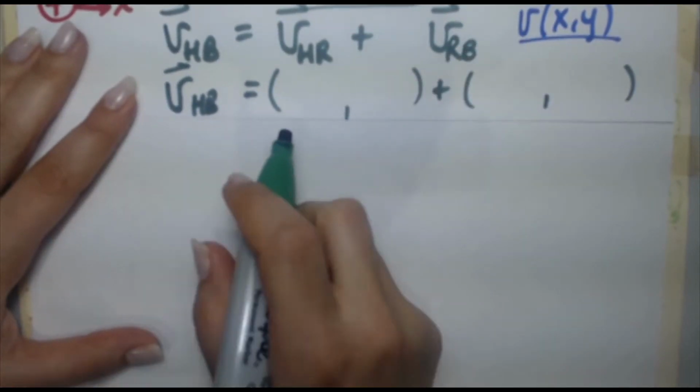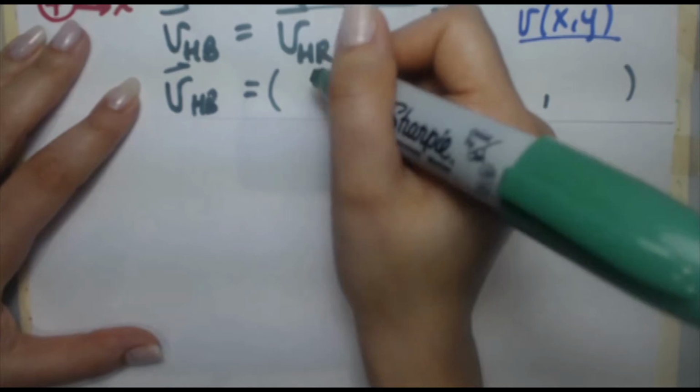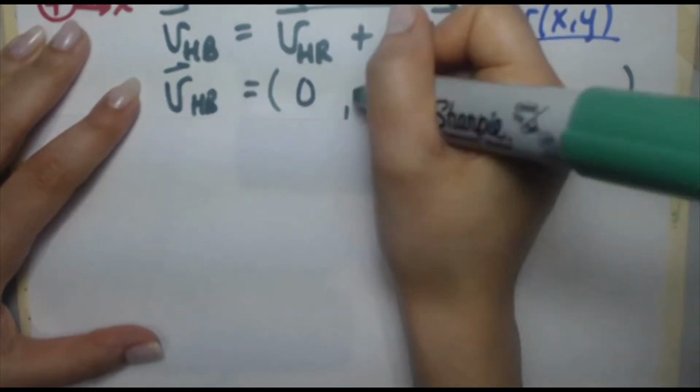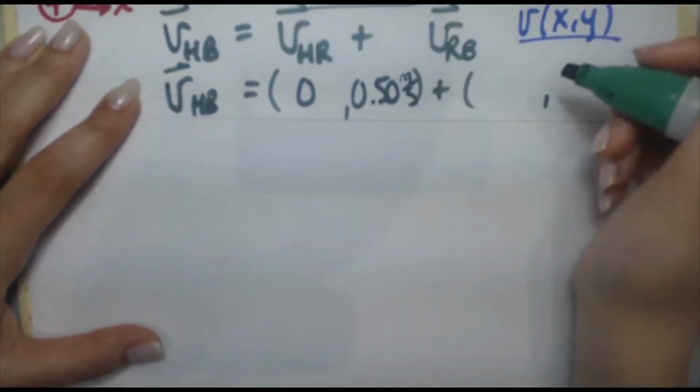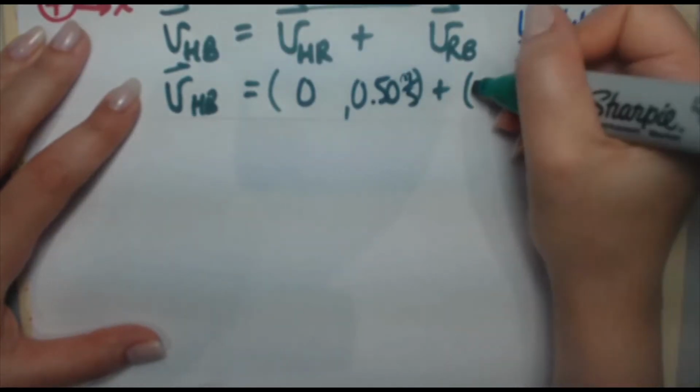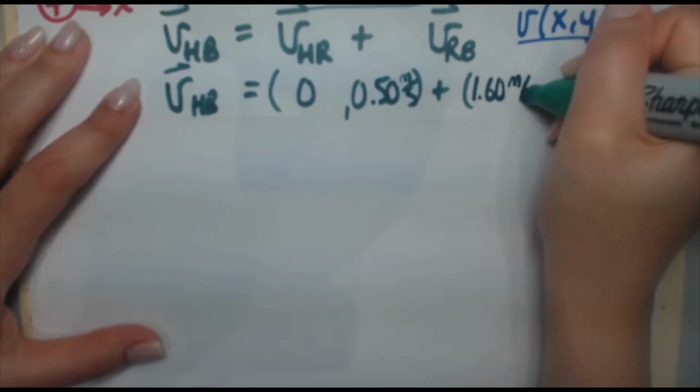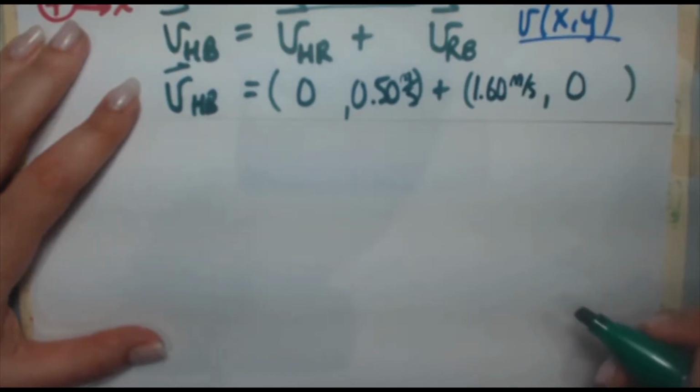So Huck relative to his raft, x component is 0, y component is 0.50 meters per second. The raft relative to the bank, the x direction is 1.60 meters per second, no y component there.